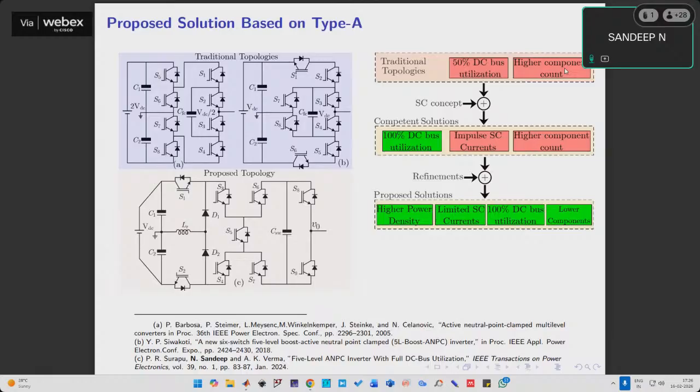What is the advantage? The moment you do that, the waveform is going to be much nearer to a sinusoid. Because a sinusoid changes very slowly, it is not going to instantly go from 0 to Vm. In a multi-level inverter, the output also changes slowly in steps, 0 to VDC by 2, VDC by 2 to VDC, so that tracks the sinusoid in a better way.